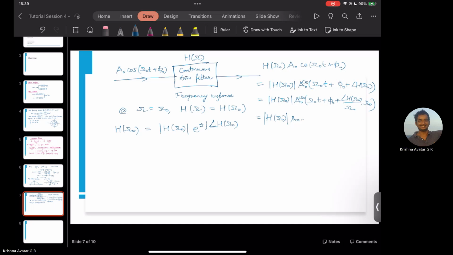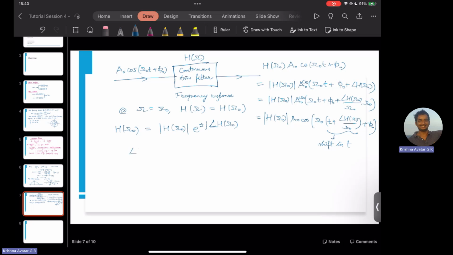So cosine of omega naught t plus angle of H omega naught divided by omega naught plus phi naught. So what we essentially did here was bring a shift along the time axis, a shift in t.